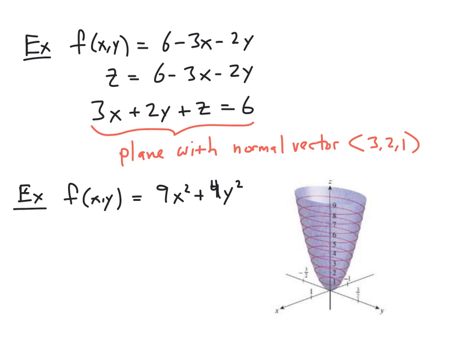Despite the fact that we used technology here, there is one way that we can help analyze the shape of this particular surface by hand, and that will become important a couple of times as we go through the rest of this course. So we're going to take a look at that concept now.